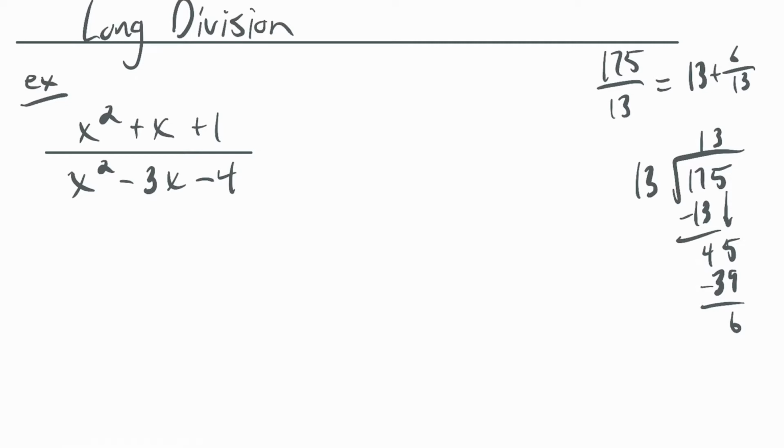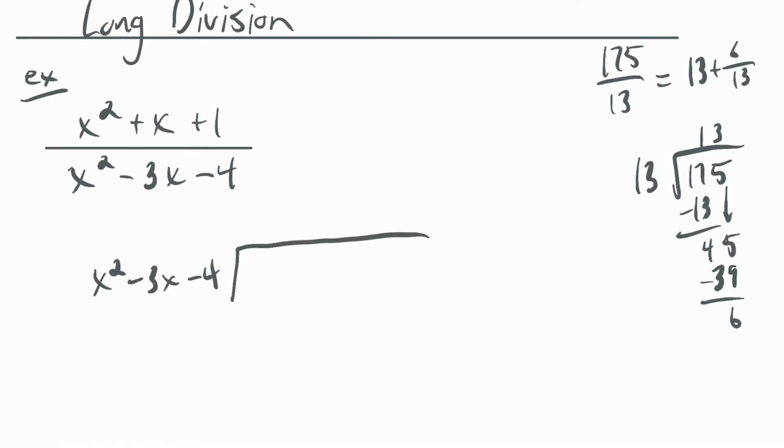So I'm going to take the divisor, x squared minus 3x minus 4, and I'm going to divide into x squared plus x plus 1. And how am I going to do that? I'm going to say, well, this has 3 terms. How many times can I subtract into this one, eliminating the largest degree term?